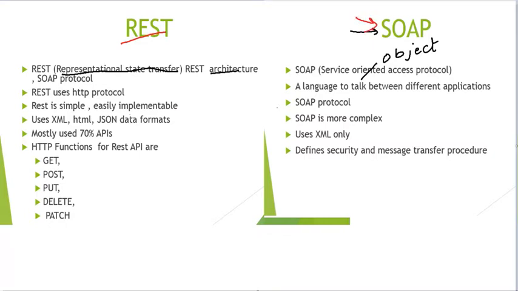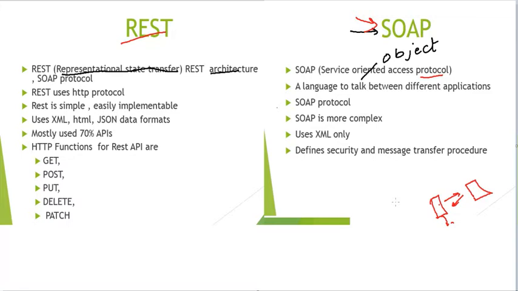So what is the difference between an architecture and a protocol? A protocol simply describes what the message format will be, the exact messages that will be transferred from one device to another, or between different applications, which are, for example, programmed in different languages, and how they will communicate with each other.